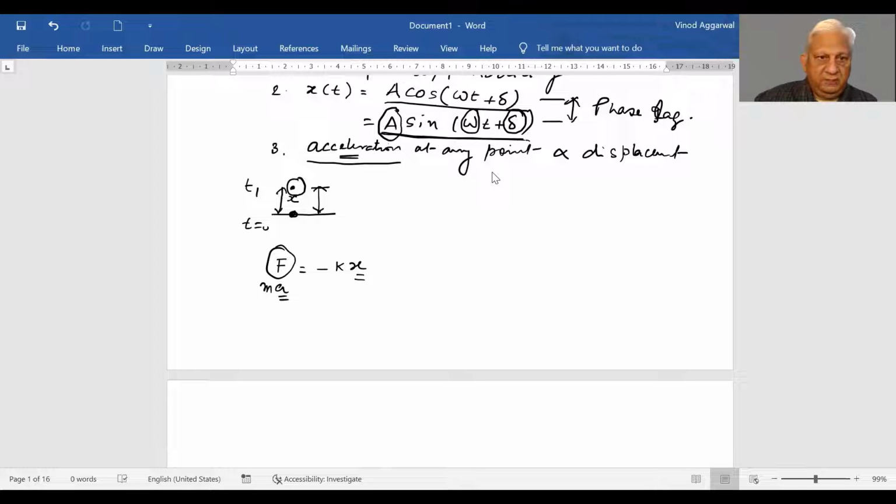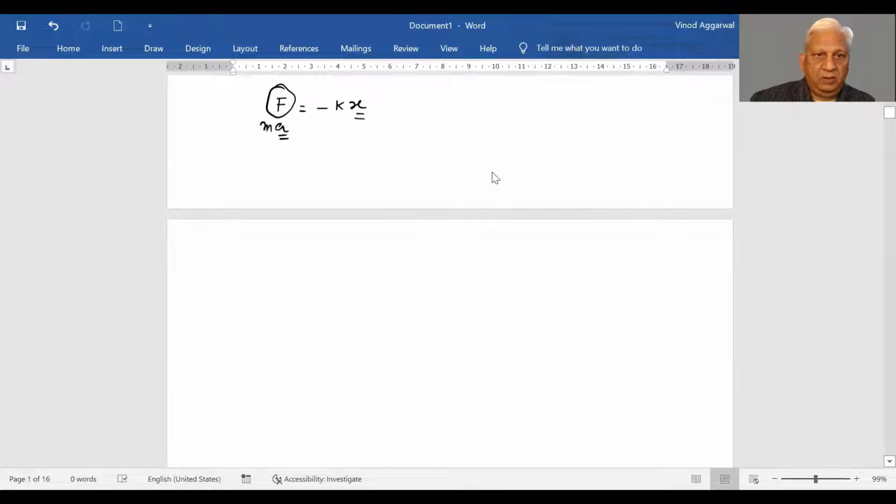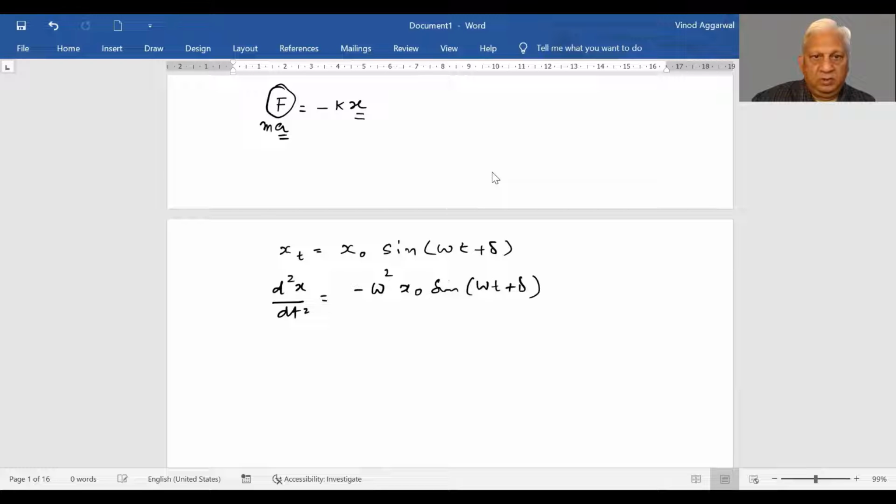So if we say our x at any point t is equal to, if we double differentiate, what we will get? d square x by dt square, this is nothing but x. So this will get x. Okay.